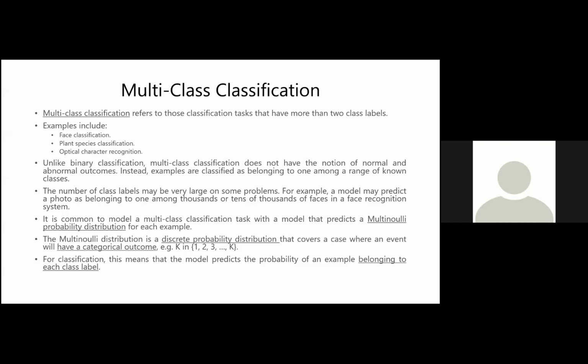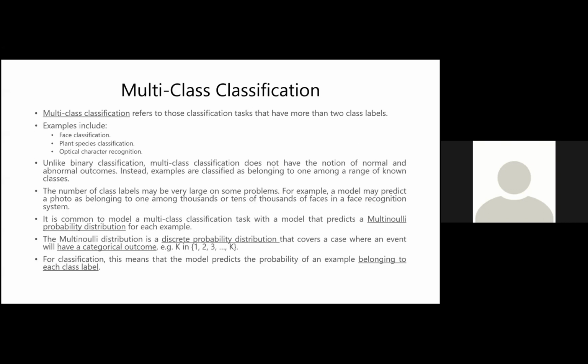So the number of class labels in multi-class classification can be very large. Just like binary classification, where we model the classification as a Bernoulli probability distribution, multi-class classification can be modeled as a multinoulli probability distribution.